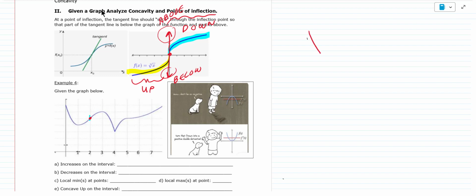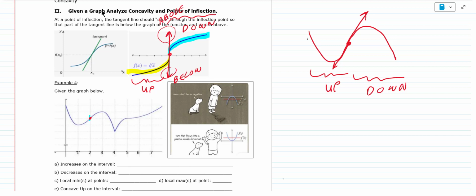Here's another example. Right here you would be concave up. Right here you would be concave down. Well, if you draw a tangent line, it slices through the graph, and then again you're going to see that part of that tangent line is above and part of it is below. The reason I go over that is because a lot of times students have a hard time, when they're looking at a graph, figuring out where an inflection point is.